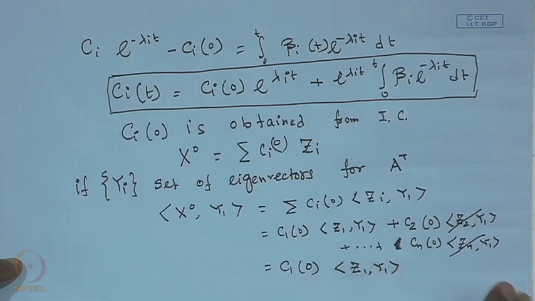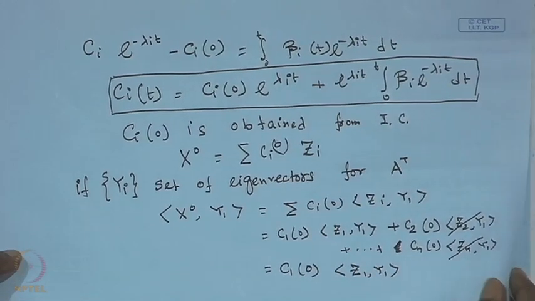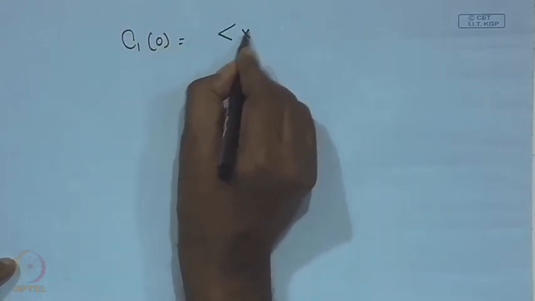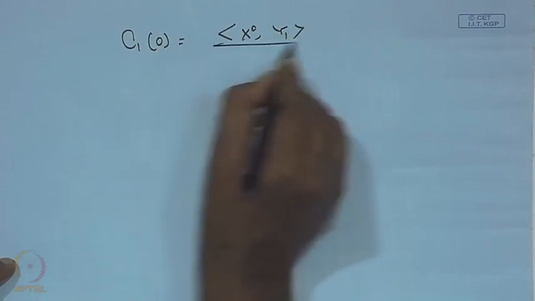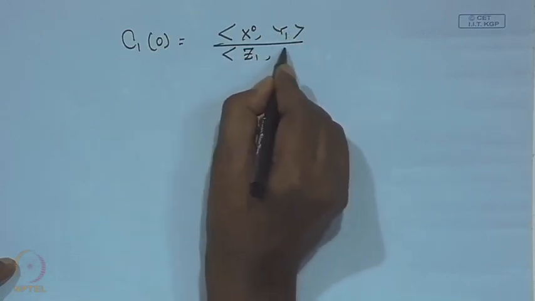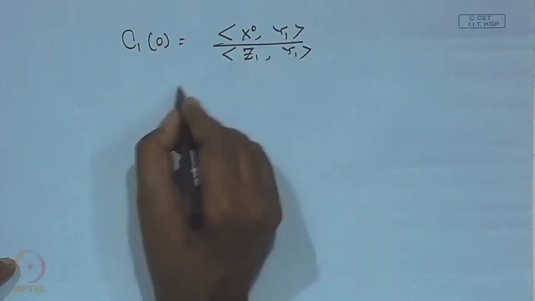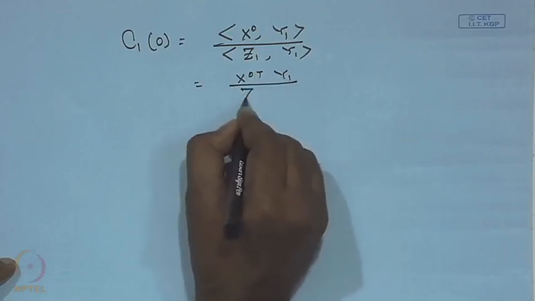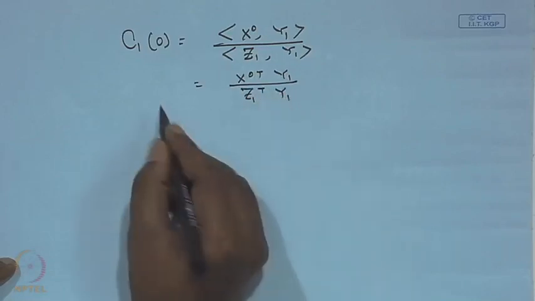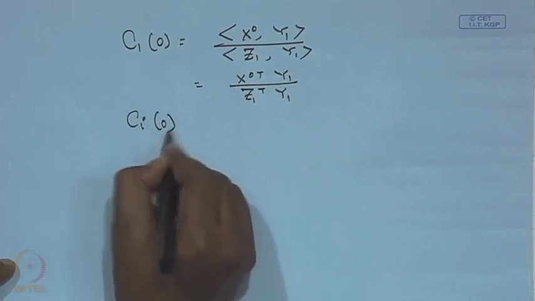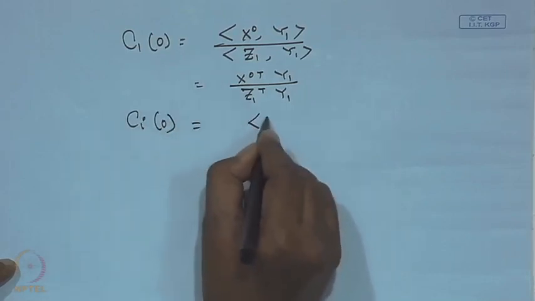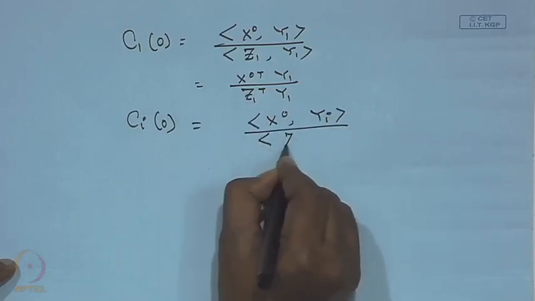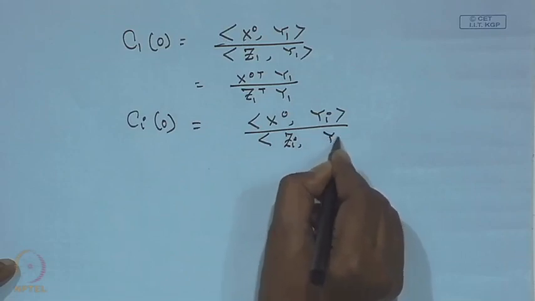So, in that case we will get c_10 equal to the inner product of x_0 and y_1 divided by the inner product of z_1 and y_1, which is x_0 transpose y_1 divided by z_1 transpose y_1. Ultimately you can get the generic form of c_i0 as the inner product of x_0 and y_i divided by the inner product of z_i and y_i.